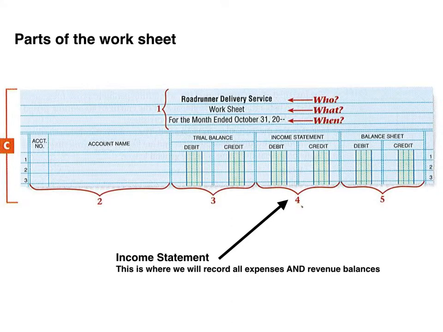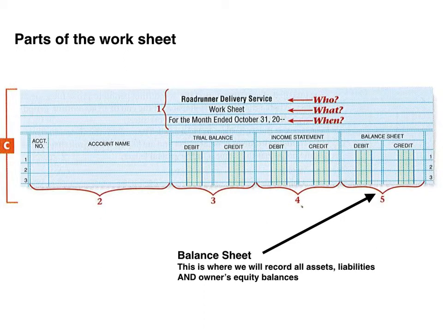Section 4 is the income statement. This is where we will record all expenses and revenue balances. And again, we'll talk more about this when we get to actually filling it out. Section 5 is the balance sheet, where we record all assets, liabilities, and owner's equity balances.